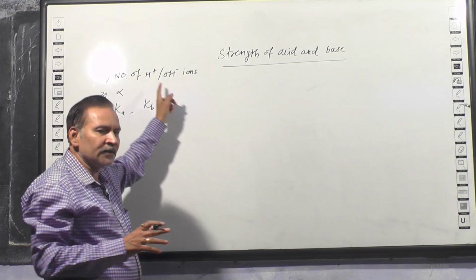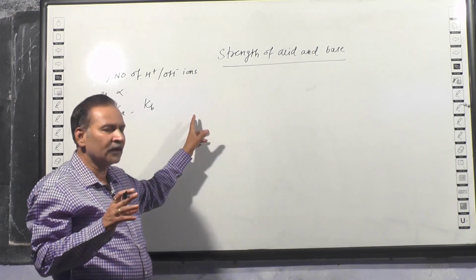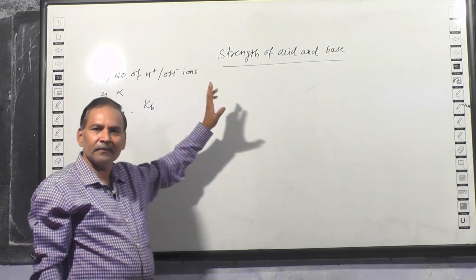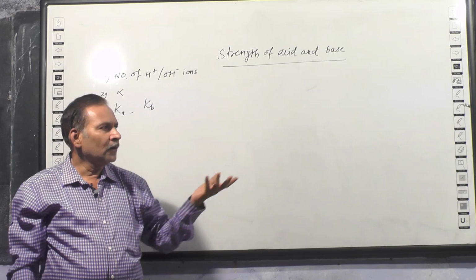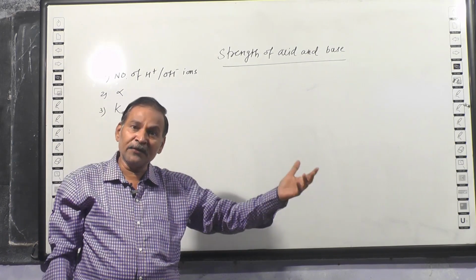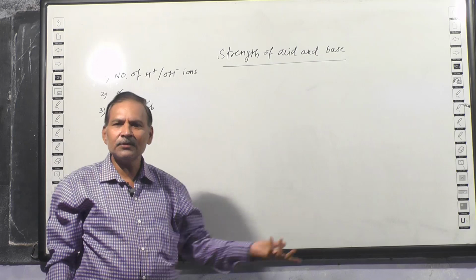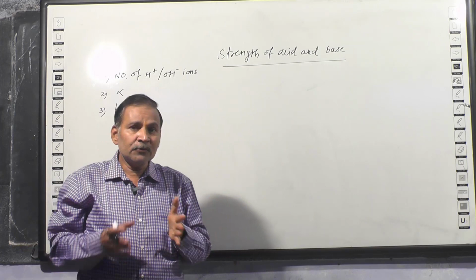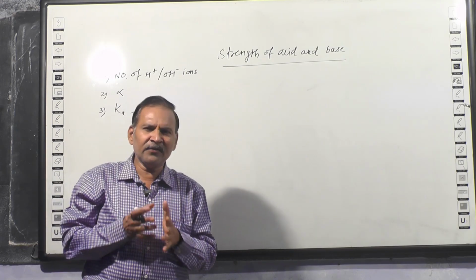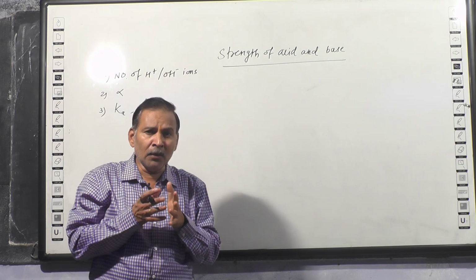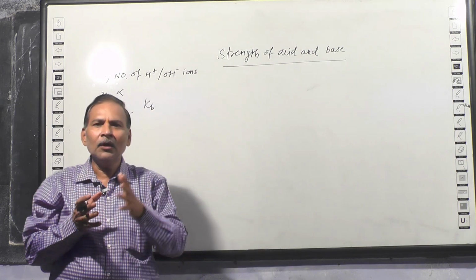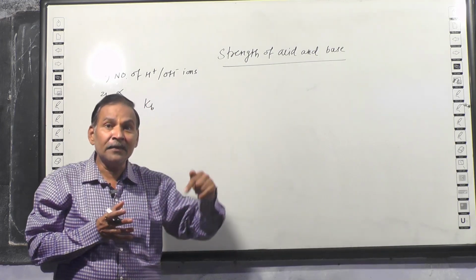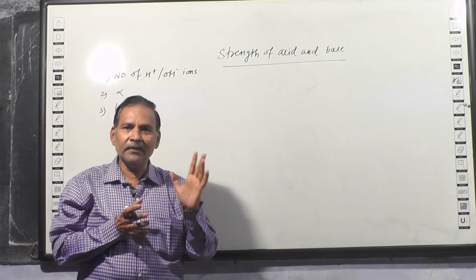If the number of H plus ions produced is less, the acid is weak. Same is the case for a base. If at equilibrium on the product side the number of OH minus ions is more, the base will be strong, and if the number of OH minus ions is less, the base will be weak. So how is the strength accounted? Strength is accounted from the number of H plus or OH minus ions present on the product side at the equilibrium stage. This is important, at the equilibrium stage.